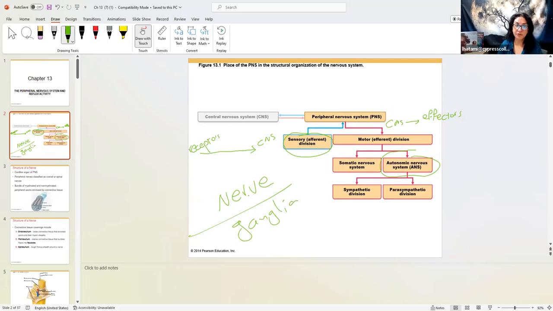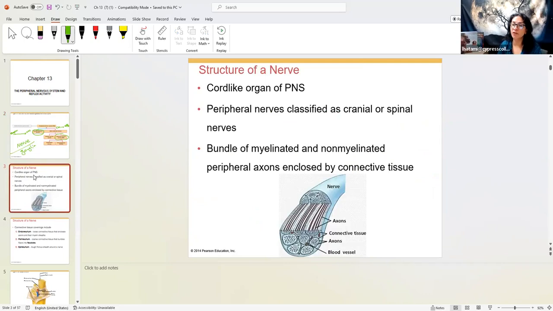What is a nerve? A nerve is a cord-like organ of the peripheral nervous system. Examples of nerves are the sciatic nerve, cranial nerve number 1, the olfactory nerve, and cranial nerve number 2, the optic nerve. We have different nerves as organs in our body.